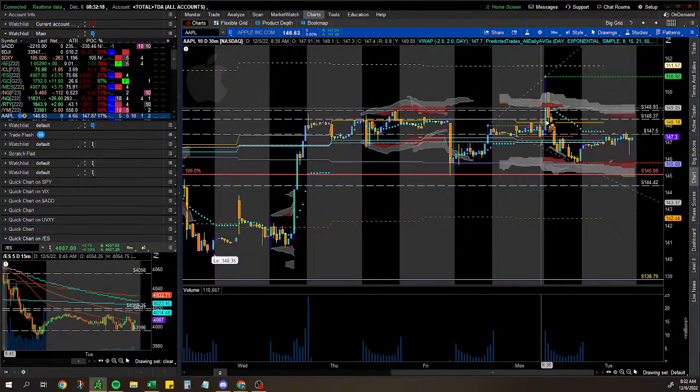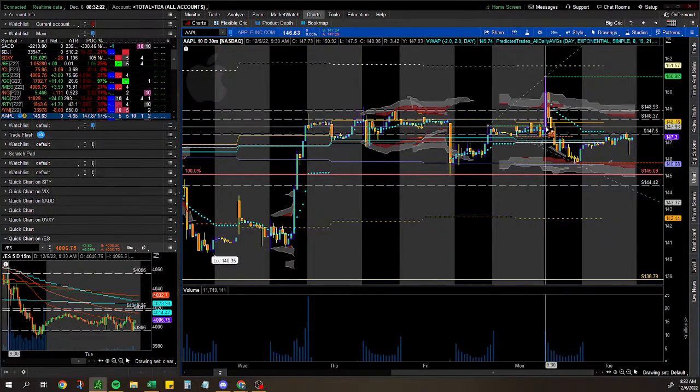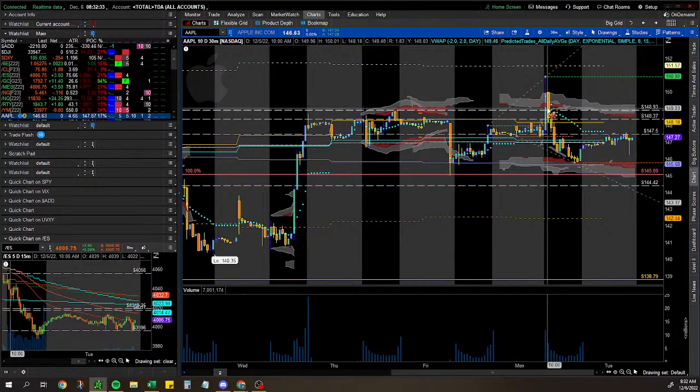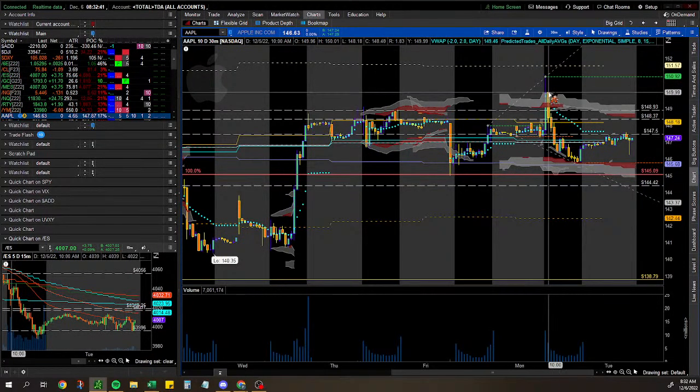And you know, where Apple goes, the market goes too. As much weight as it is, if you're playing SPY and whatnot, maybe you want a little more time on the contract. Point being, I love to play Apple along with the market.